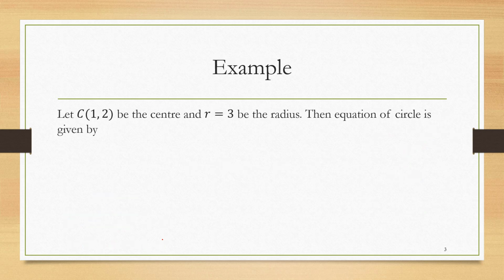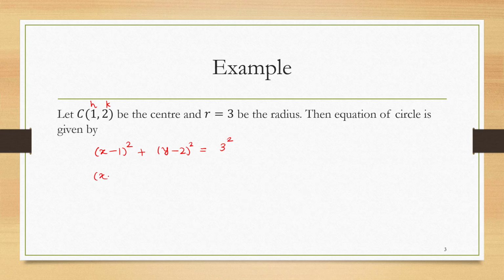Let's see an example. Let C(1, 2) be the center and r is equal to 3 be the radius. Then we have to find the equation of circle. So we know that equation of circle is (x minus h) whole square plus (y minus k) whole square is equal to r square.